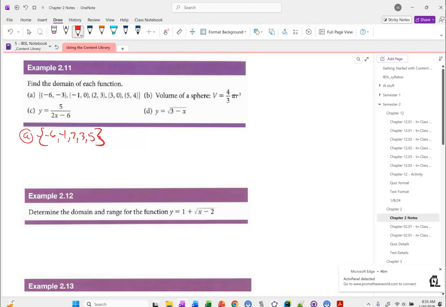Does the order that I write them down matter? No. Sets are unordered. Doesn't matter the order that you write them. What does matter, though, is there are no repeated elements in a set. So if this, for example, was not a function, and say the number 2 was used in 2 different points for the x coordinate, you'd only write it one time. Okay?